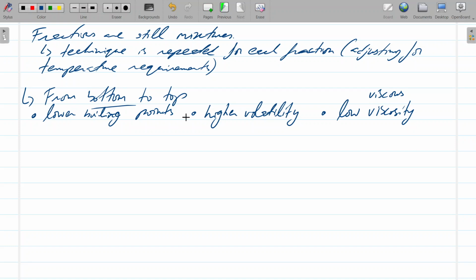And all of this is primarily because of a change at the molecular level, the decreasing length of the hydrocarbon chains. Now, what does that mean? We'll study that in organic chemistry.